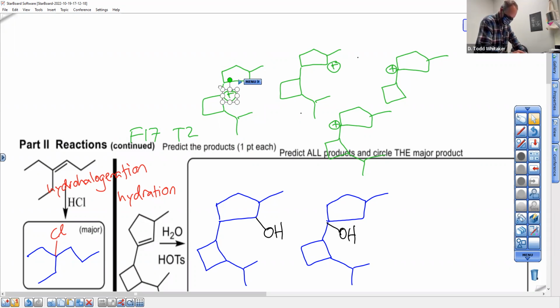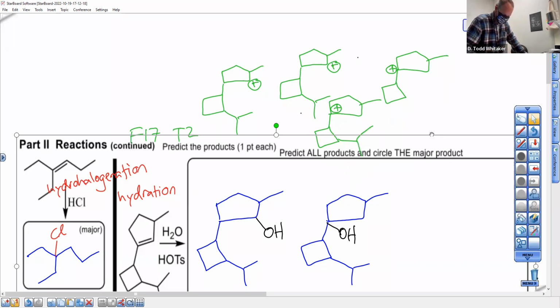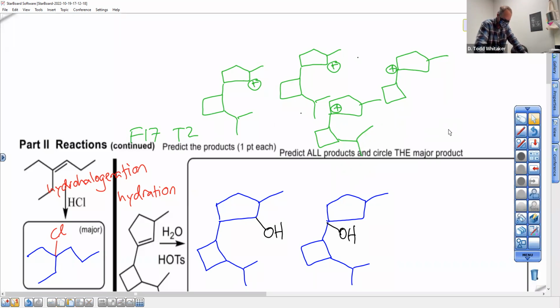And this one has to move out of the box. That's a lot of moving. Get it out of the box at all costs. Sorry, very violent. There's your cations.